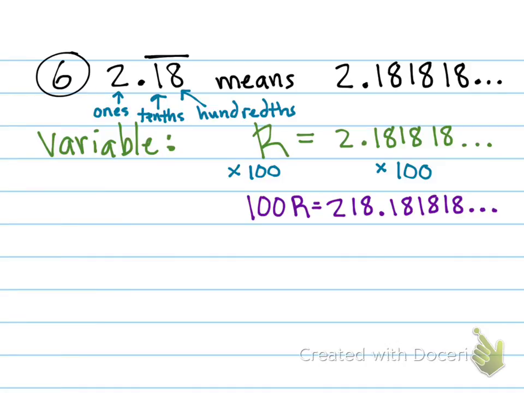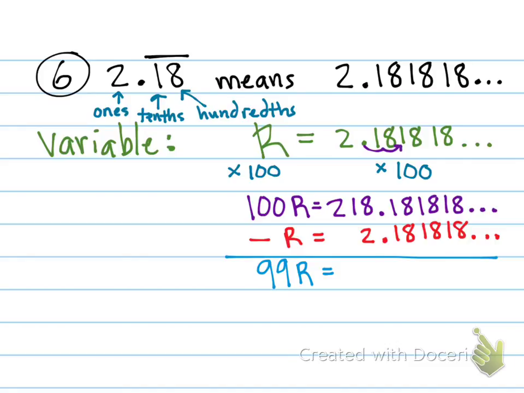100 times 2.181818 can be found by simply moving the decimal 2 places to the right. We end up with 218.18181818 repeating. Now we are going to subtract our original number. 100 r's minus an r is 99 r's. On the right, we're going to start on the far right side and subtract.